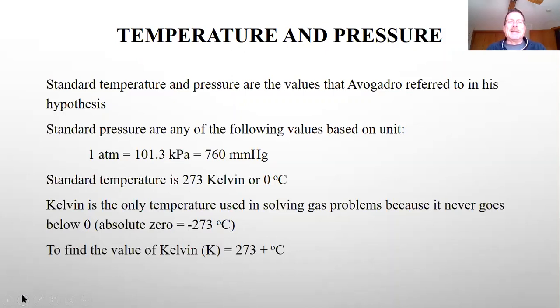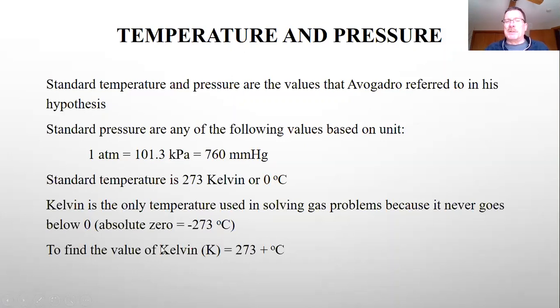Standard pressure, where the testing started, and then you could change pressure from there, is 1 atmosphere. It's also the same value in kilopascals as 101.3, the same value in millimeters of mercury, 760. It doesn't really matter. They're all the same. They're just different units. We will really be sticking to atmospheres and kilopascals, but if you ever hear standard pressure, that's a number you want to use.